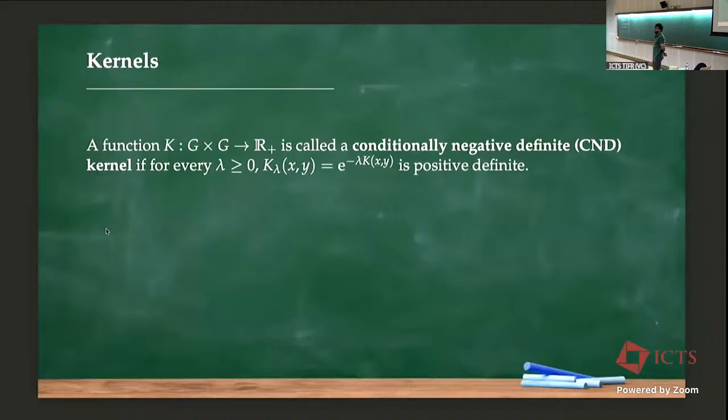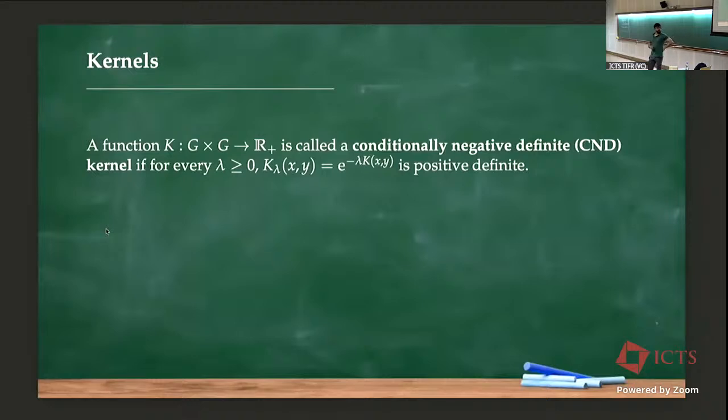I'm saying that a kernel is conditionally negative definite, I'll write CND, if and only if for every lambda, e to the minus lambda times the kernel is positive definite. There are different definitions of this, and my favorite one is this, because this is something that I can align myself with very well, being a probabilist. I'll tell you why.